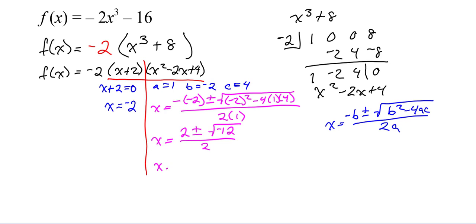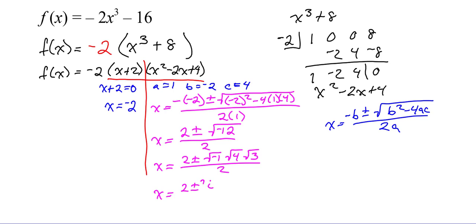So we want to simplify this more, and we know that we could have -1, and 12 can also be broken out into the square root of 4 times the square root of 3. So we end up with 2 plus or minus -1 becomes i.